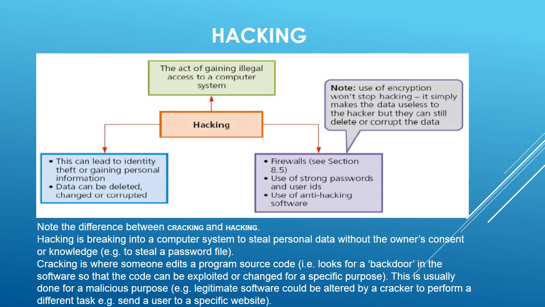Number one, firewalls. You can turn on the firewall of your system. A firewall, in short, is a filter: when you upload something from your computer to the internet or download something from the internet to your computer, it monitors the activity, and if any illegitimate file is found, it simply blocks it.